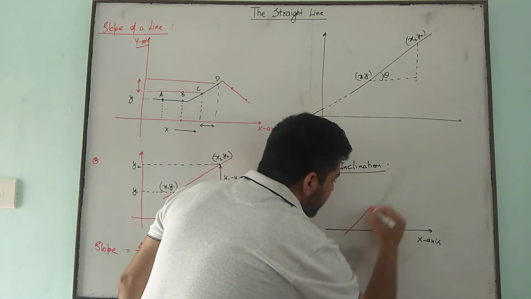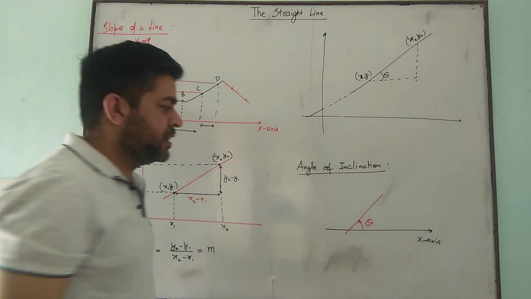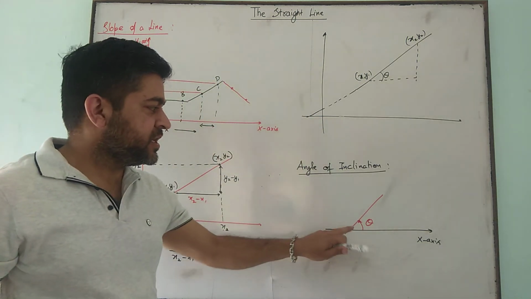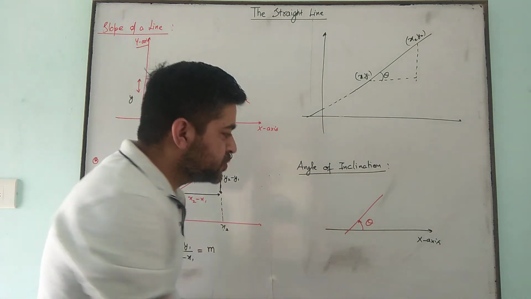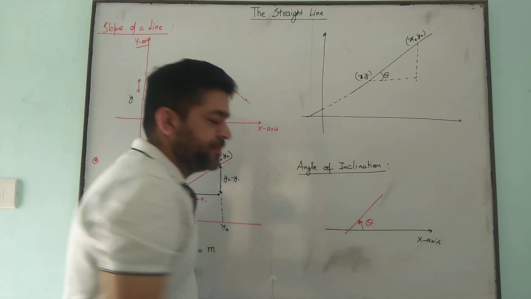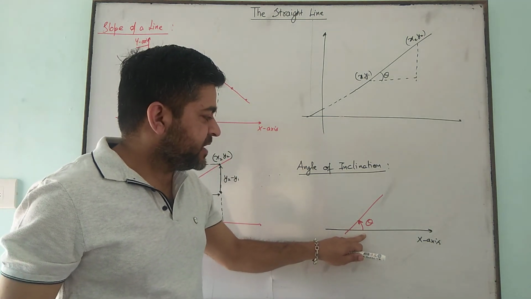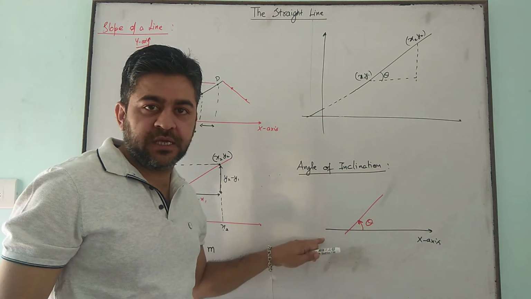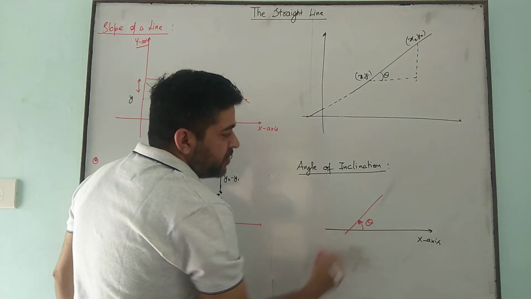So if this is the line, this theta, angle of inclination, is the angle made by the line with the x-axis in its positive direction, in this direction. Right? It lies in between 0 to 180.